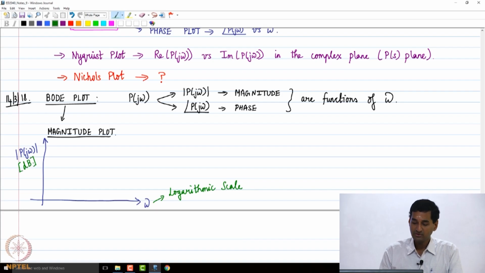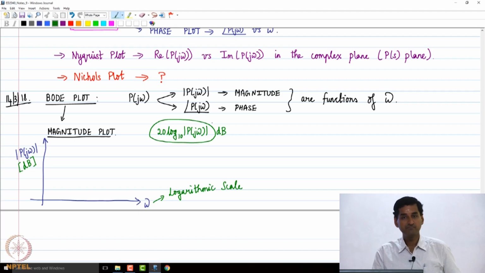How do we get the decibel measure? Given a P of j omega, we take its magnitude, then take the logarithm to the base 10 and multiply it by 20, to get the equivalent magnitude in decibel units.